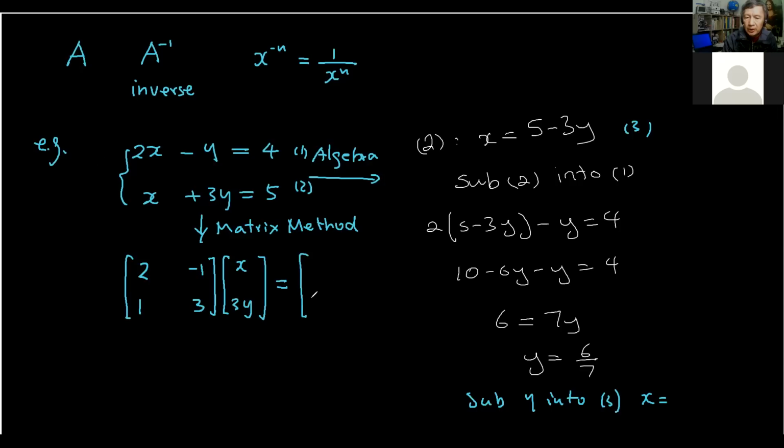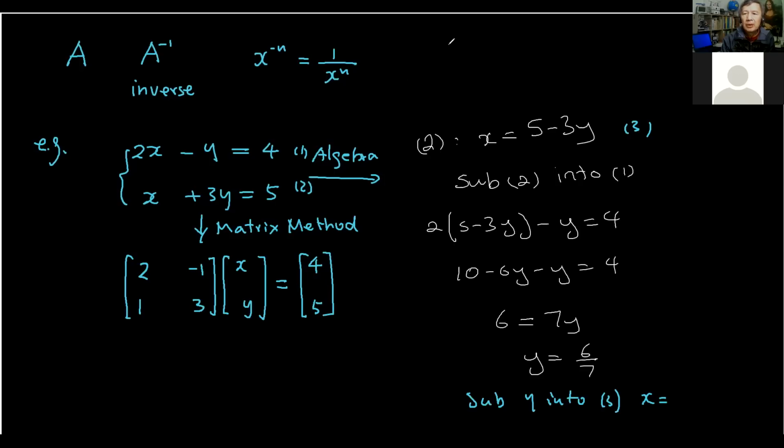First, we introduce a matrix to rewrite these two simultaneous linear equations. How do we justify that? Where did the 3y come from? Yes, it's a good question. Oh no, it's wrong. You are right, there is no 3y. It's just y.